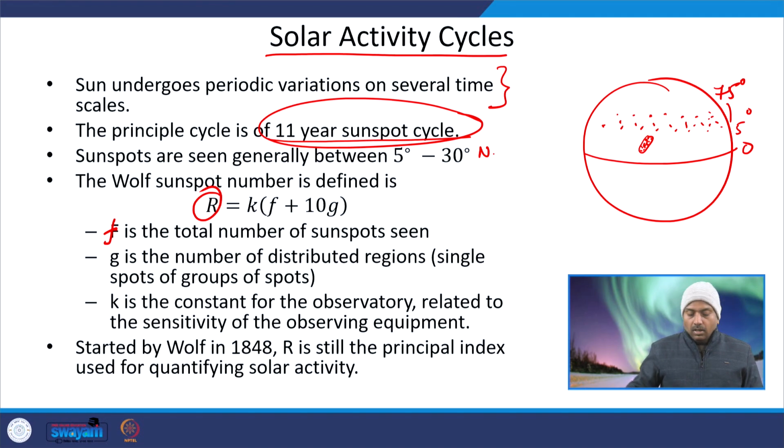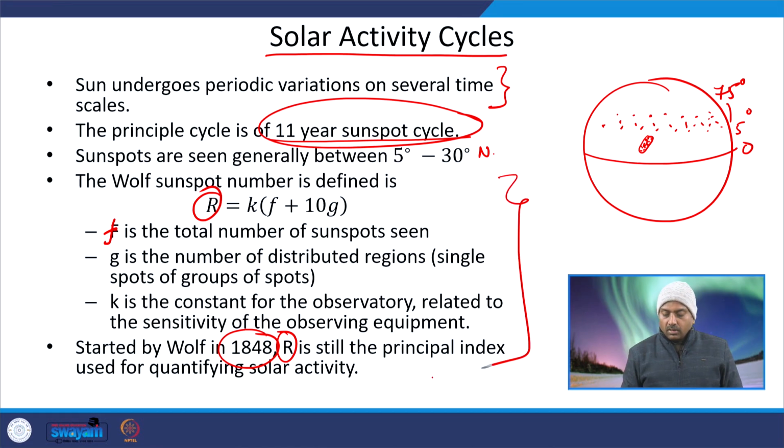This was started in 1848 by Wolf, and R is still the principal index used in quantifying solar activity. So, this is just a formula. We will try to understand more about the Wolf number, the sunspot number, and how it is helpful, or how even today it is relevant. That is the most important question that we will try to answer in the next lecture.